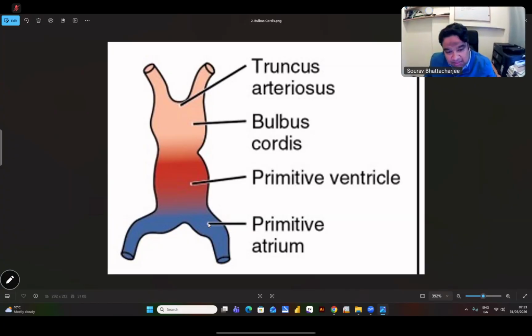And then comes the primitive atrium, and this is the venous region, and they have two inflow tracts over here. This is sometimes also called the sinus venosus, because this is all about venous blood accumulating here. So we call it sinus venosus. I will not have time to discuss it today because it is at least a couple of hours.